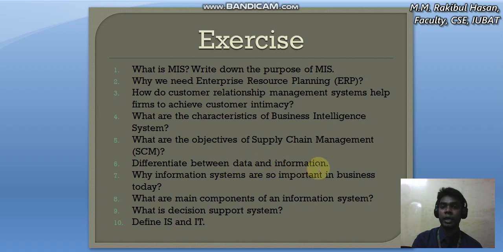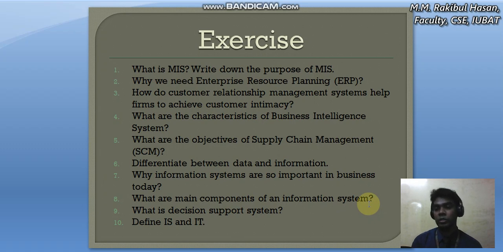Differentiate between data and information. Why are information systems so important in business today? I already mentioned 6 objectives. To achieve those 6 objectives, we are using information systems in business. What are the main components of an information system?